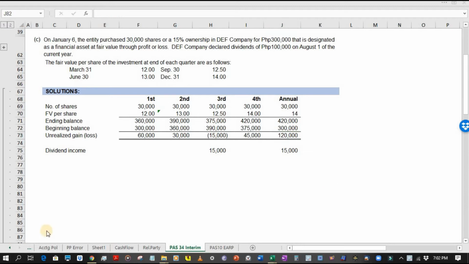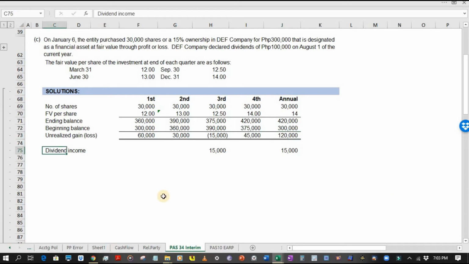So again, when we say integral view, the 60,000, 30,000, negative 15,000, 45,000 in this case are an integral part of the 120,000 pesos unrealized gain that will appear in the income statement for the current year. So that is for the independent view and integral view.